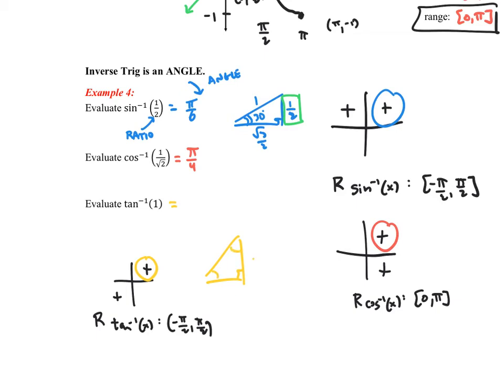So I would have 1 over root 2, 1 over root 2, and 1. Therefore, these angles, both of them, would be the same. Thus, we would have 45-degree angles, or pi over 4. Okay, let's move on and look at a couple more questions here, and then that'll be good for today's video.